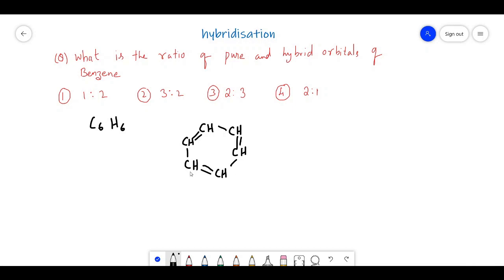If you see here, this carbon has 3 sigma bonds and a pi bond. Not only this one, all the carbons. So the hybridization of each carbon is sp2.